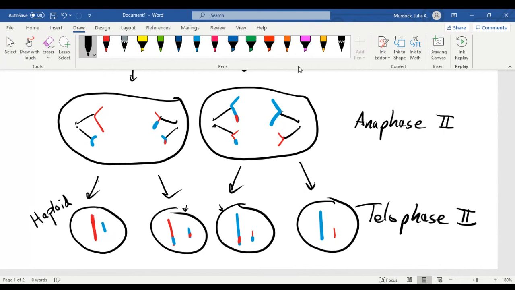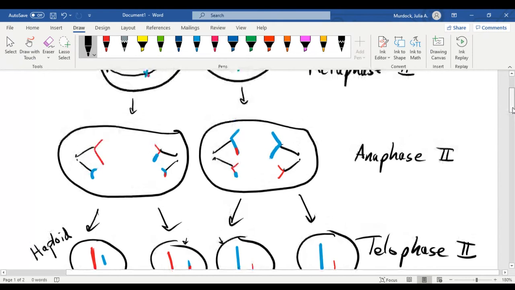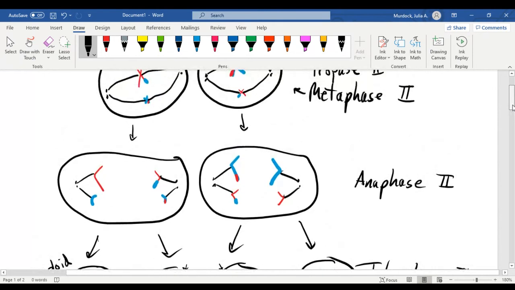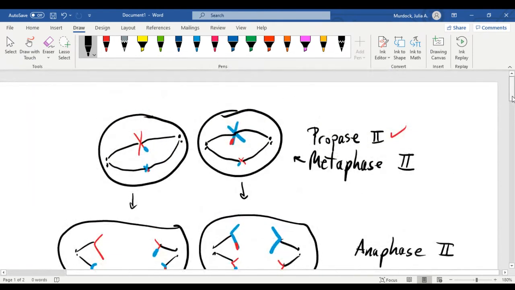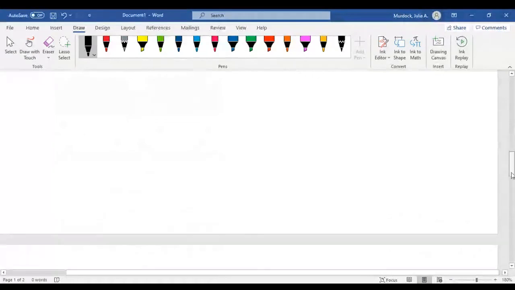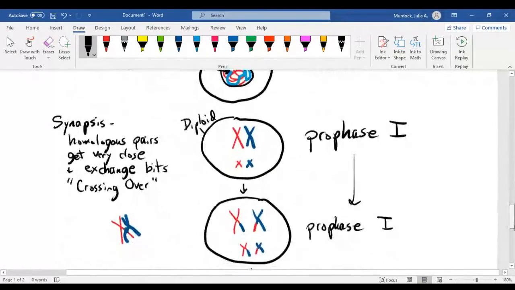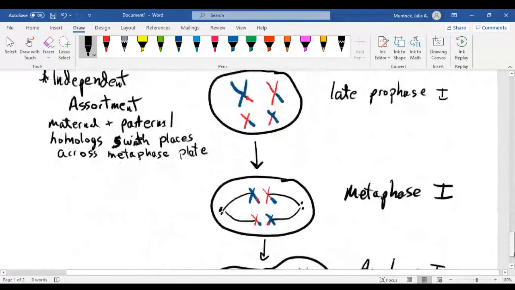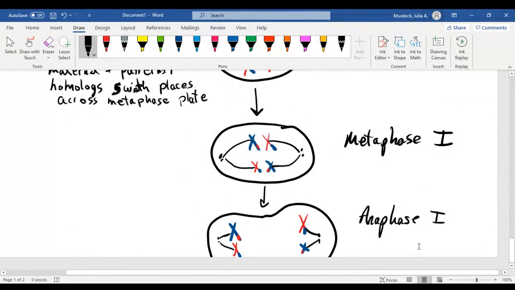Okay, so here's the question though. If I go all the way back up through, where was the point when the cells became haploid? Did that happen here at Anaphase II? Or did it happen here at Anaphase I? It had to be one of them, right? It has to either be Anaphase I or Anaphase II.